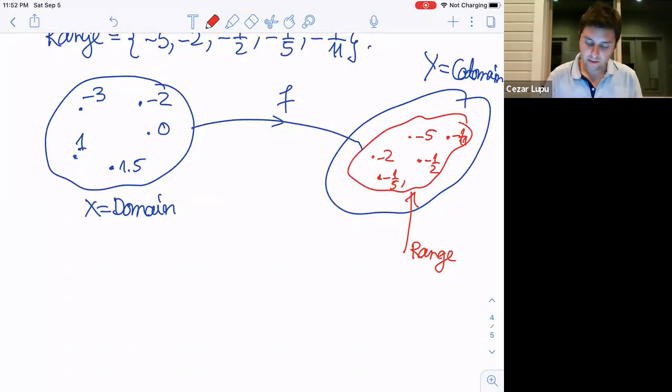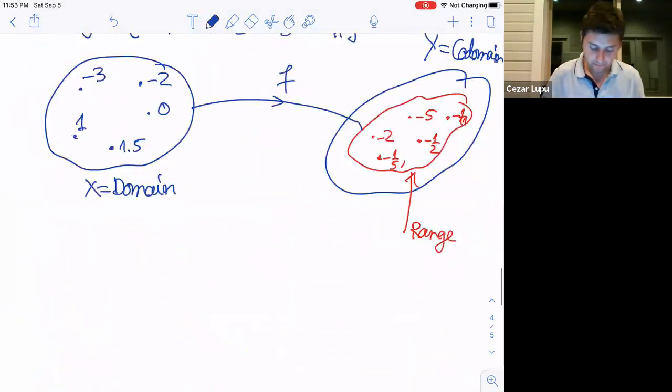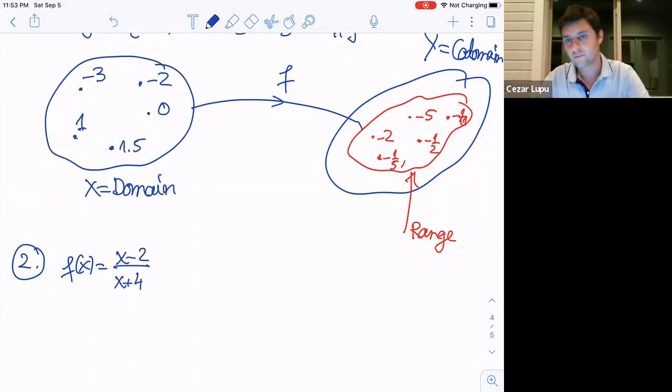Now let's take another example, a second example. For example, let's take the following function. f of x is x minus 2 over, we're going to take a rational function, over x plus 4, right?